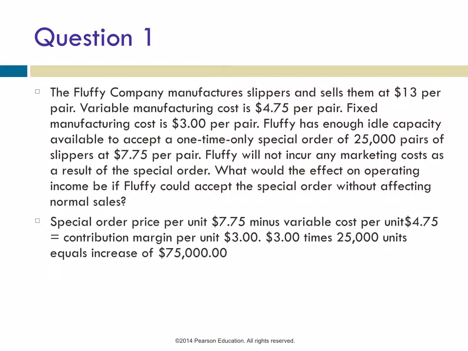Multiply that times 25,000 units, and that equals an increase in operating income of $75,000. So you'll notice that there is that fixed manufacturing cost in there, but we're assuming, since it's a fixed cost, that this special order shouldn't increase the overall fixed cost for manufacturing.